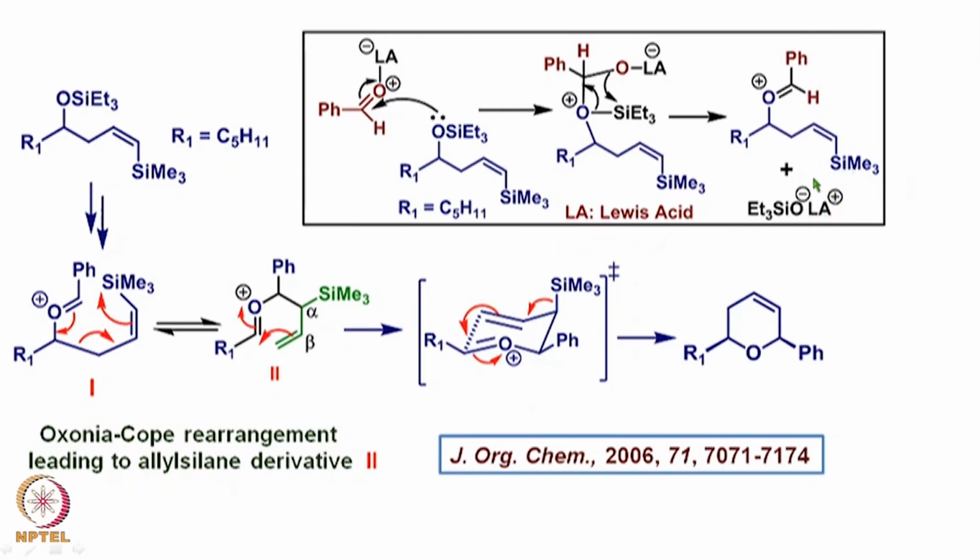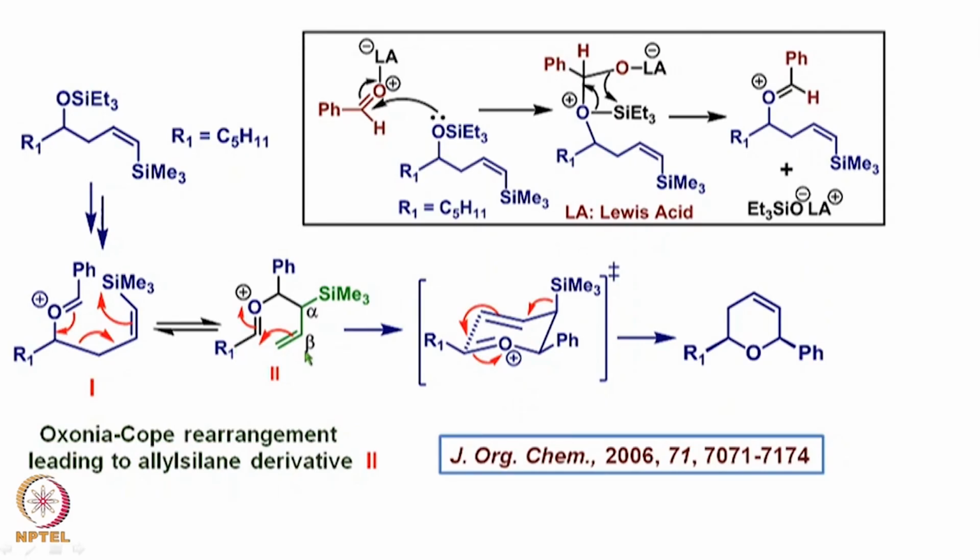Also, of course, we will be releasing the triethylsiloxy anion. Now this oxonium ion having vinyl silane undergoes what is called an oxonia Cope rearrangement, leading to this kind of allyl silane derivative.